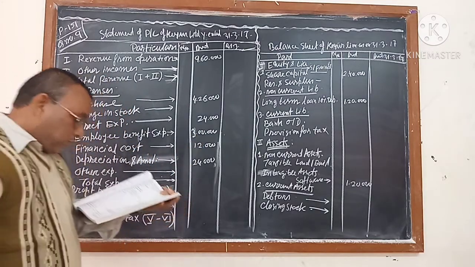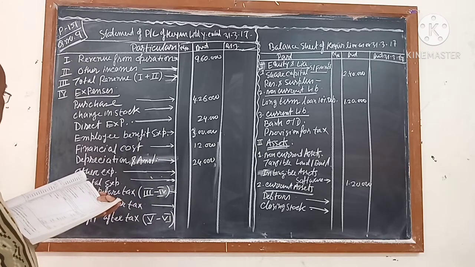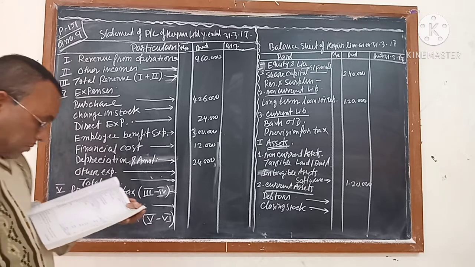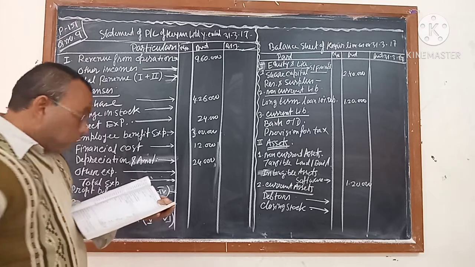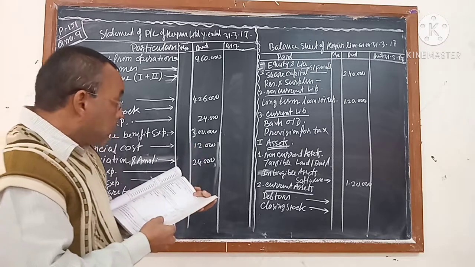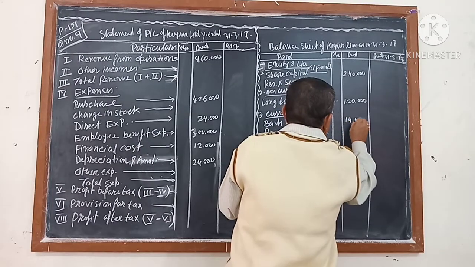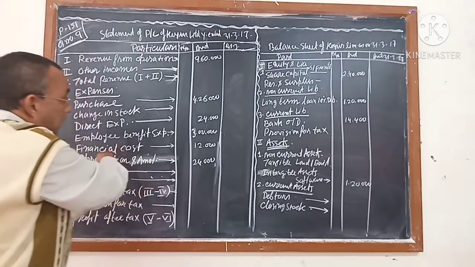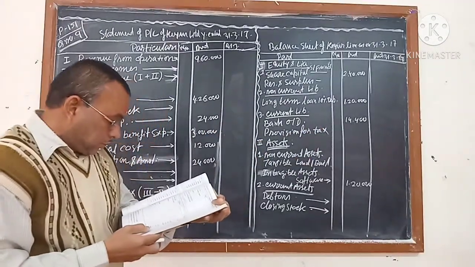Bank overdraft 14,400. Bank overdraft is here, 14,400. It is one type of loan, not an expense. Interest on bank overdraft will come as expense, but the bank overdraft itself will come here, 14,400.